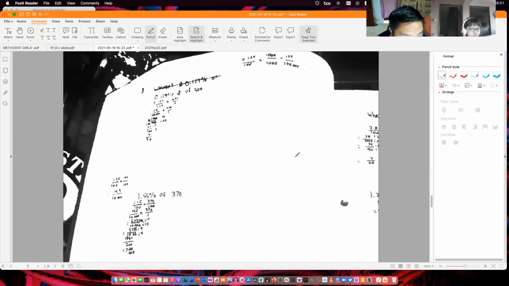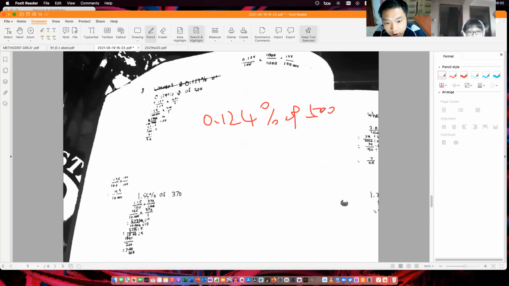Okay, this question. So you see, it's very hard to read. So what's the question? Can you read it to me, this question? 0.124% of 500. Okay, so this question, first thing first, you change this to fraction, very good. 0.124 over 100.